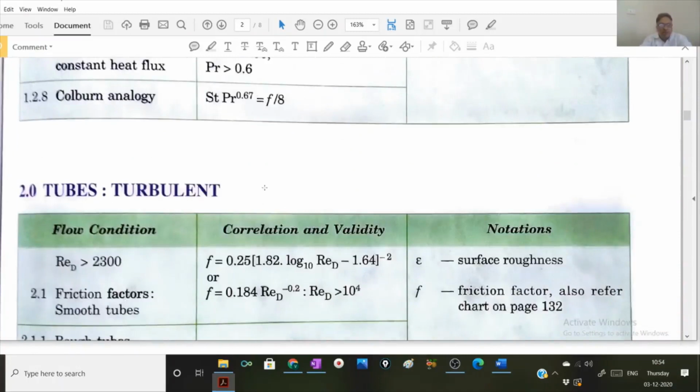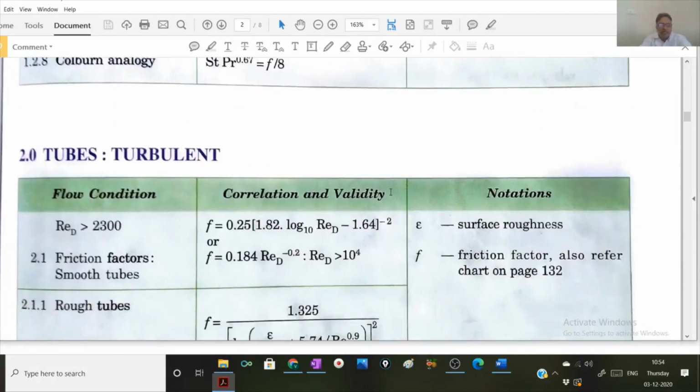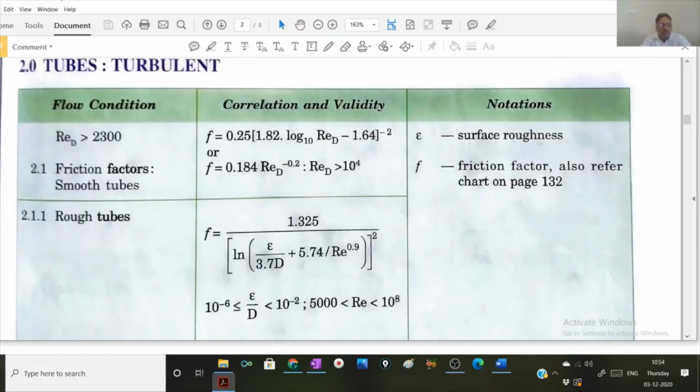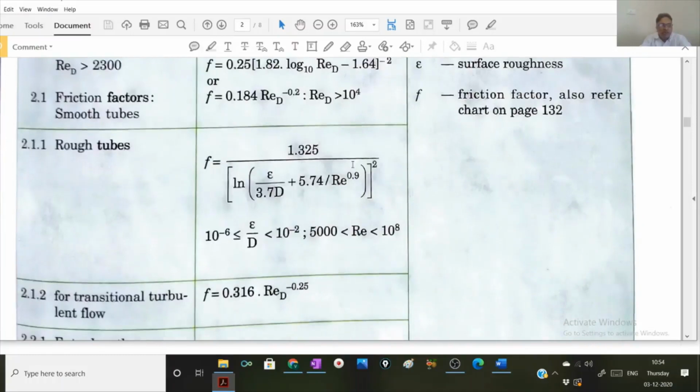Now to find out the appropriate correlation for Nusselt number, I have some constraints like flow is turbulent, it is fully developed flow, and boundary condition is constant wall temperature.